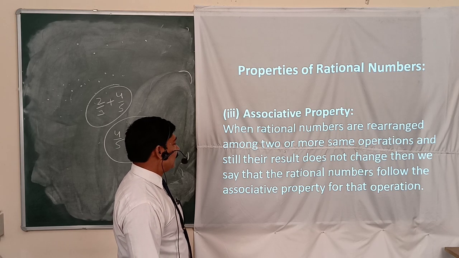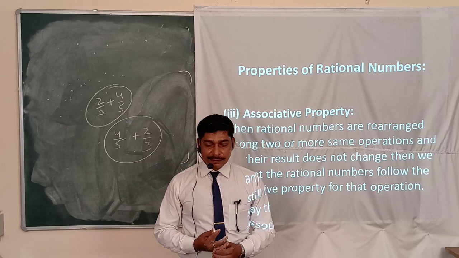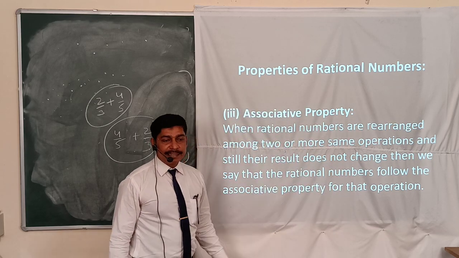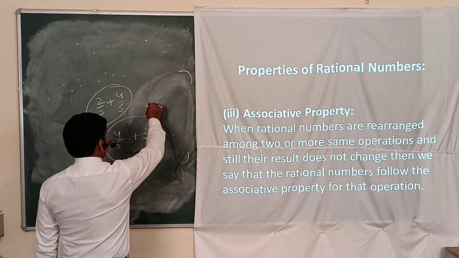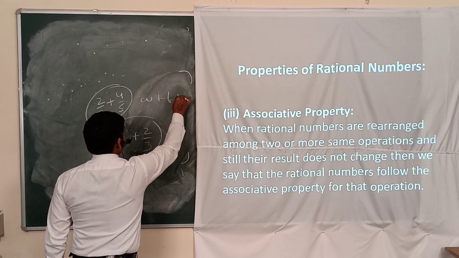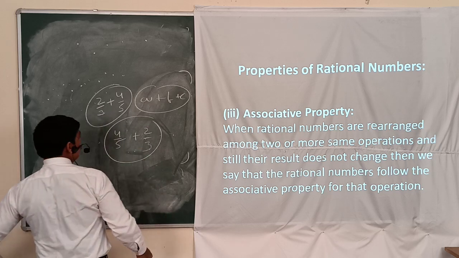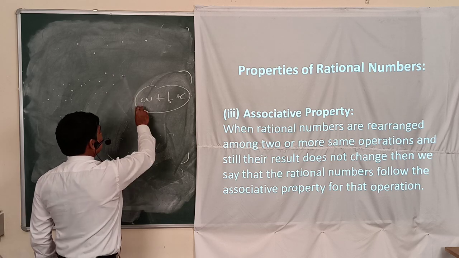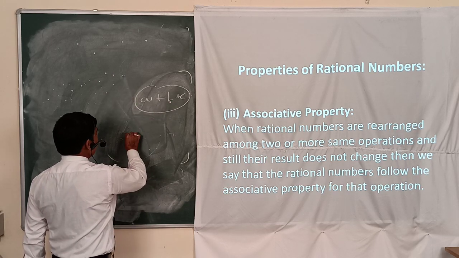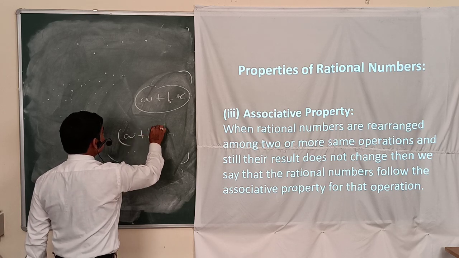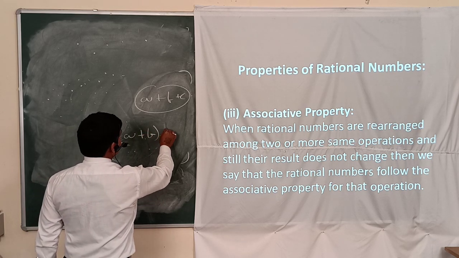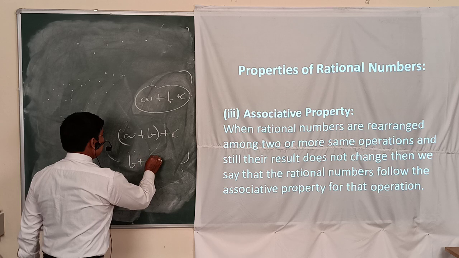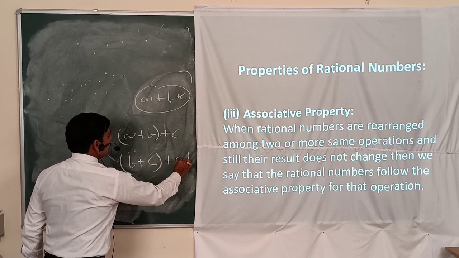In the associative property, whenever rational numbers are there, suppose there are three numbers, A, B and C. Suppose they are fractions, and first you add the first two, A plus B, and afterwards add the third one, that is C. Or you add B plus C first and then afterwards add A to this one.